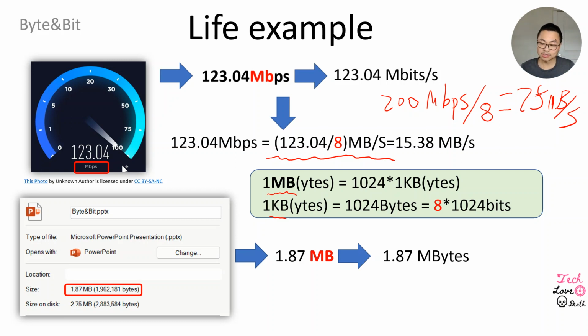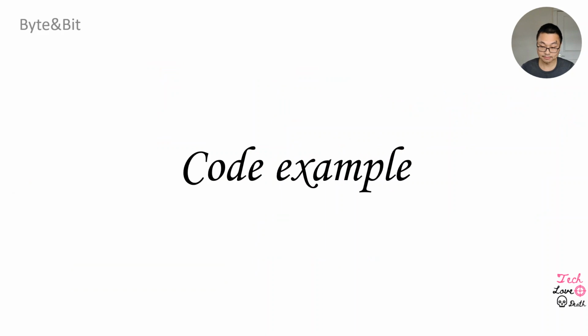Okay. So at this point, we should totally get how byte and bit are related. 1 byte is equal to 8 bits. Next, I will show how a computer stores a character in memory by debugging a program. So keep watching if you are interested. Okay, let me show the code example.